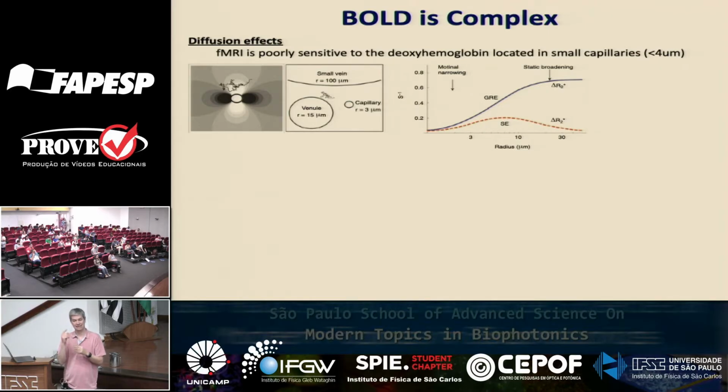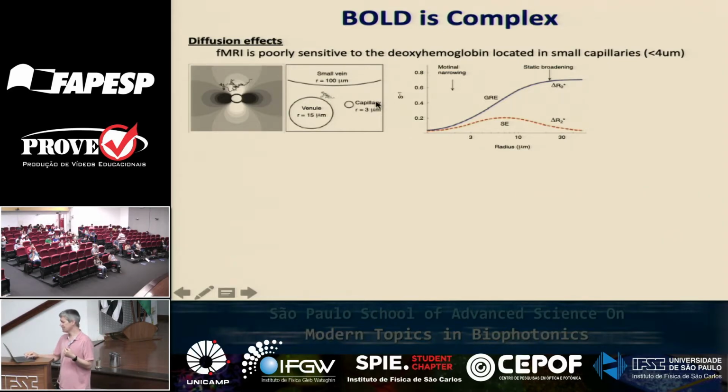That realignment with the magnetic field is a precession of the magnetic moment around the main magnetic field, and that precession can dephase, and it dephases based on heterogeneity in the magnetic field. And that heterogeneity arises to a large part from deoxyhemoglobin.